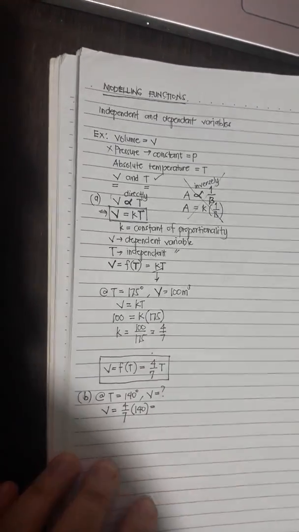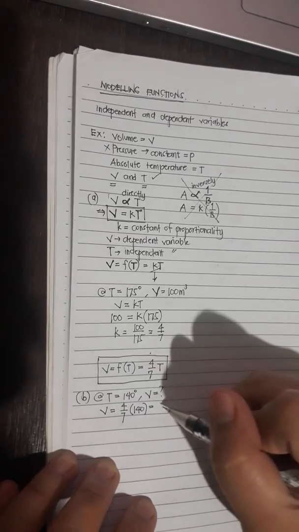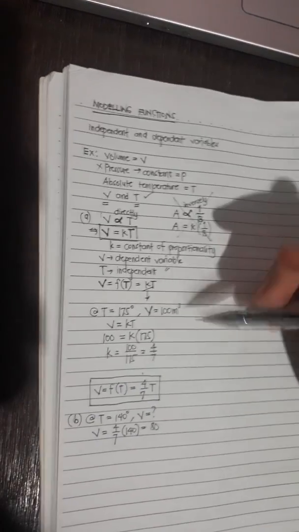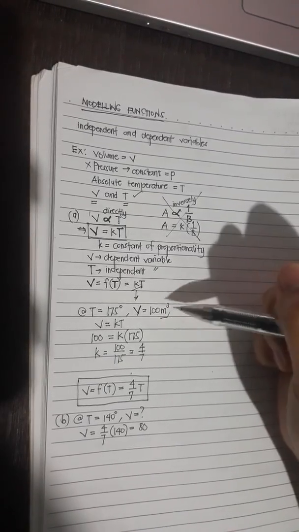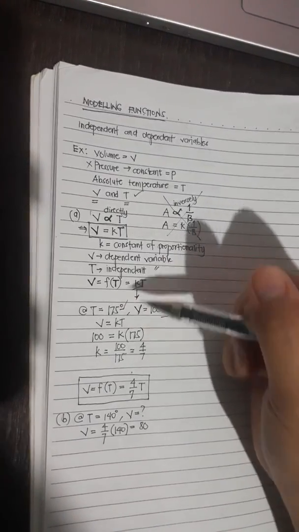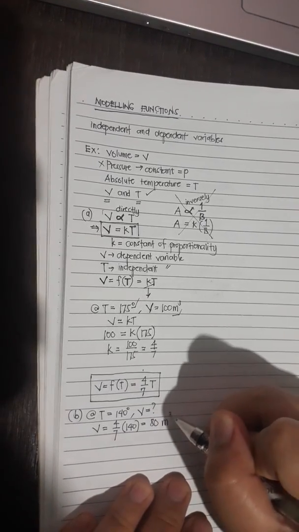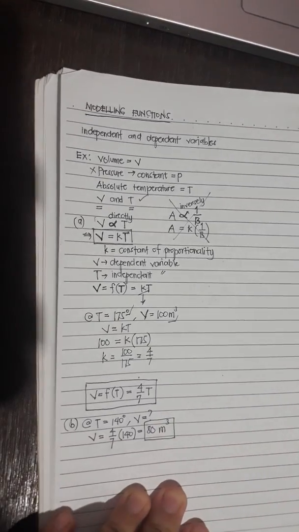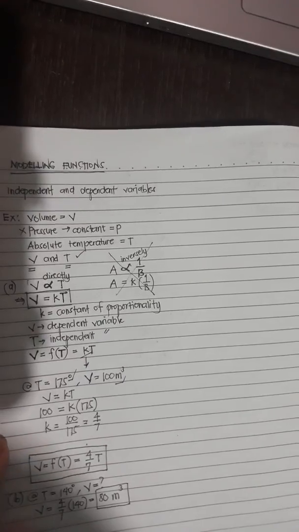Okay, so that will be equal to 80. Since in the problem the unit for volume is cubic meters and the unit for temperature is degrees, therefore the volume here is 80 cubic meters. Okay, next example.